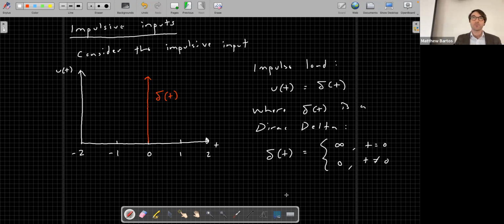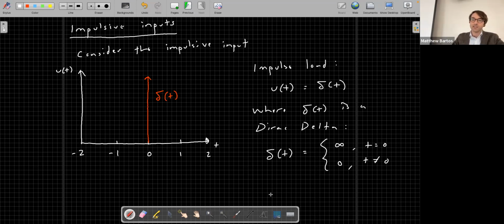So one way you can think of a Dirac delta is, let's say you have a normal distribution and you keep reducing the variance of that normal distribution such that your bell curve gets skinnier and taller until you get to a variance of 0. You'll arrive at a Dirac delta.